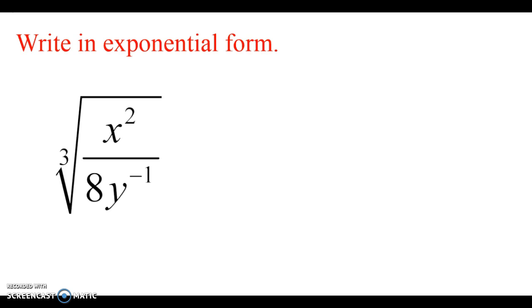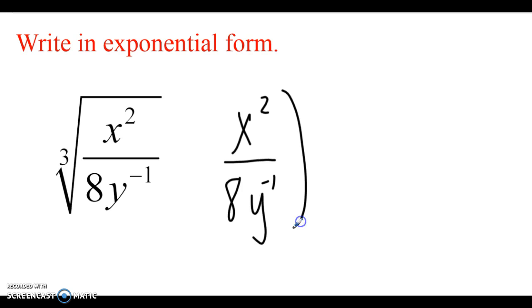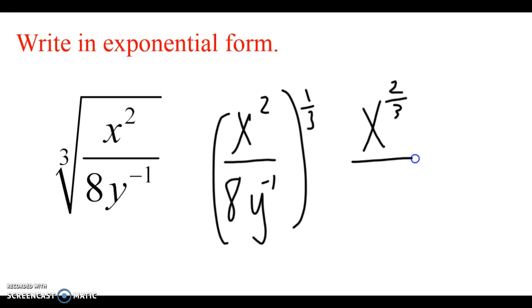Okay. You could probably do this one on your own, but we'll practice. So we're going to get x squared 8y to the negative 1, all raised to the 1/3 again. So x, I'm going to multiply them, 2/3 over 8 to the 1/3, y to the negative 1/3. Okay.